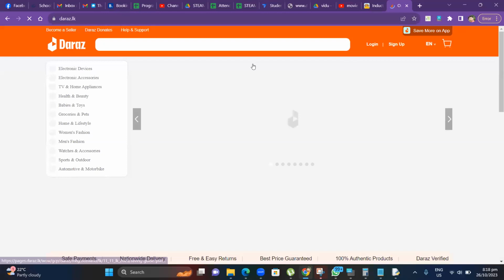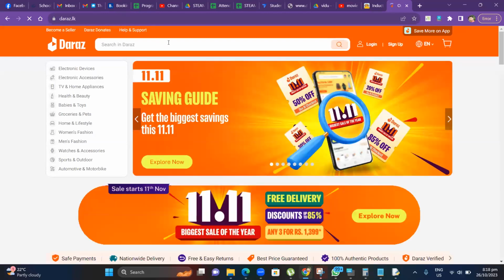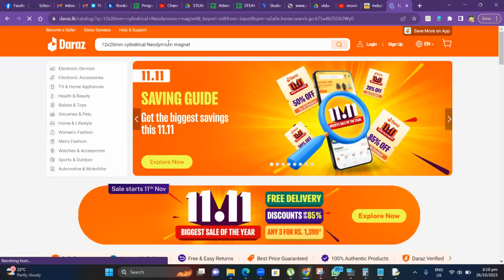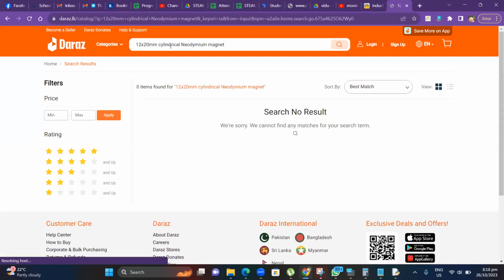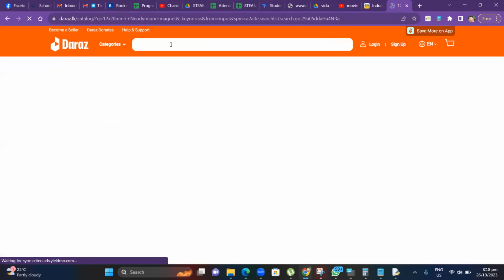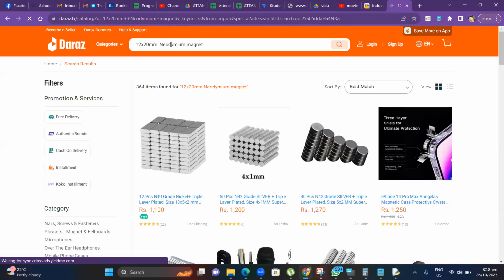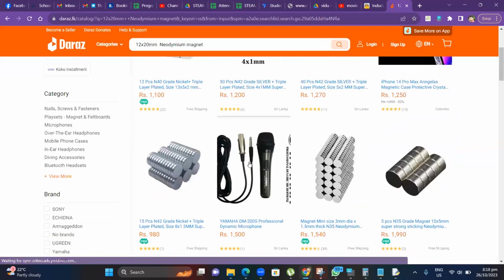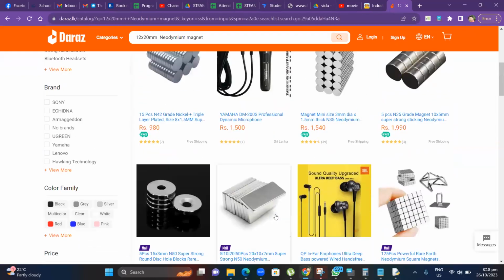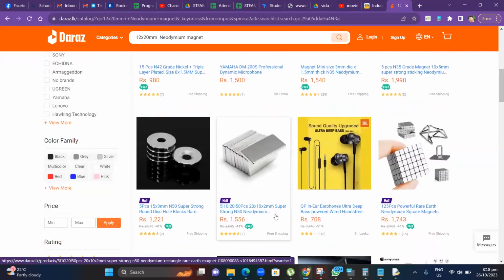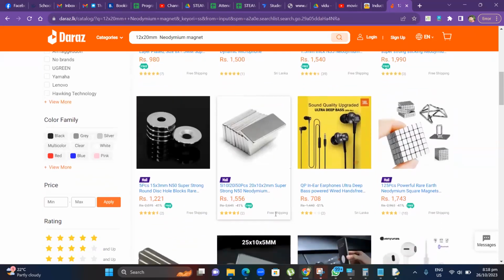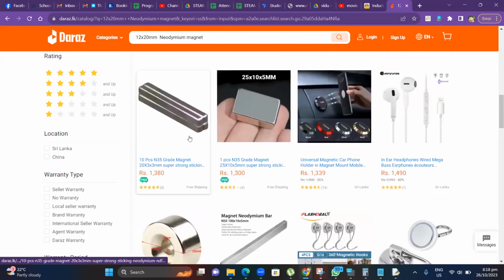Let's see. You can see neodymium magnets are there, but this is quite expensive. Here you can see the bar magnet also, right? This is 20 by 3 millimeter.